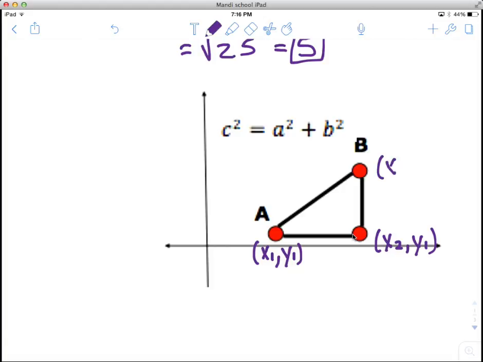And that's going to make this (x2, y2). And this is going to be your A side, this is going to be your B side, this is going to be your C side.